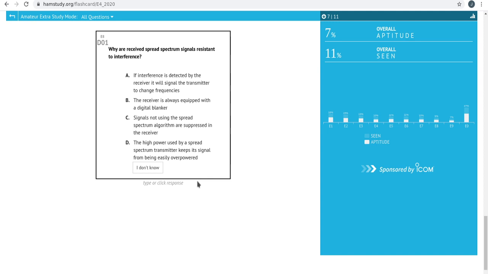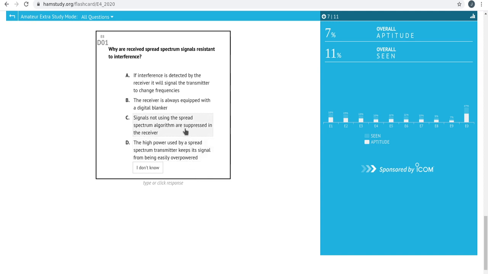C, signals not using the spread spectrum algorithm are suppressed in the receiver. D, the high power used by a spread spectrum transmitter keeps its signal from being easily overpowered.